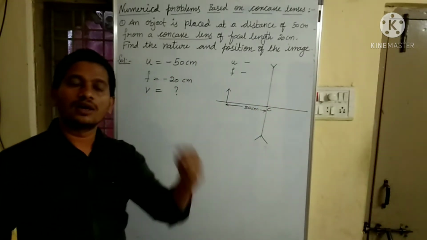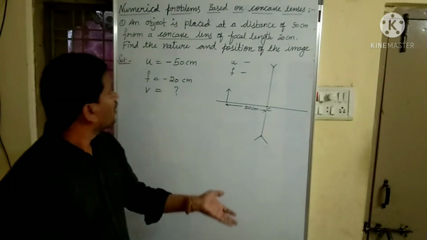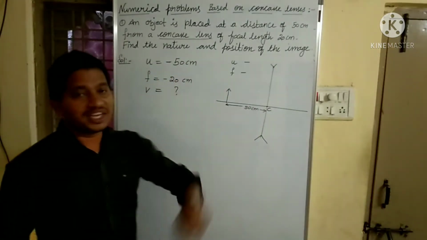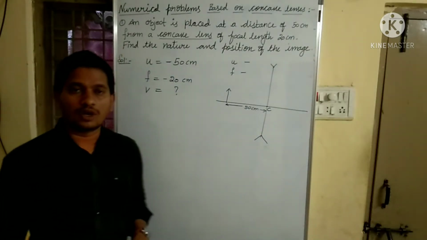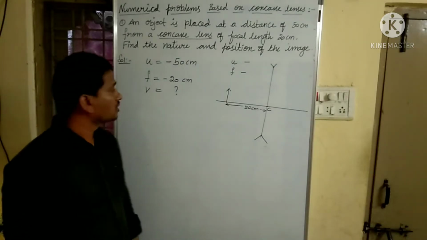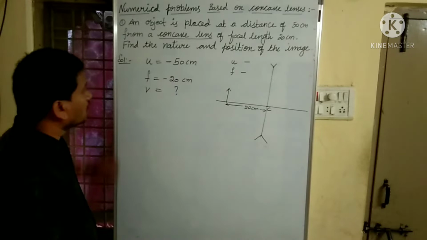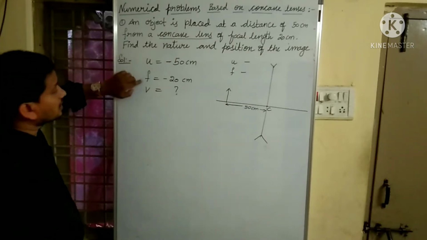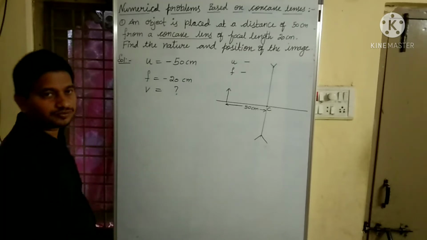Once we know the position of the image, then we can say what the size is and what the nature is, whether it is a virtual image or a real image. Obviously, for a concave lens, we will get a virtual image. So we have to find the image distance, that is v. Here u is the object distance, f is the focal length and v is the image distance.